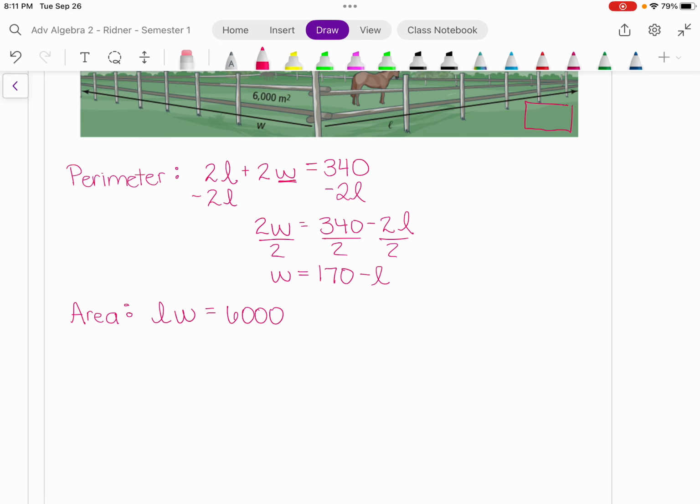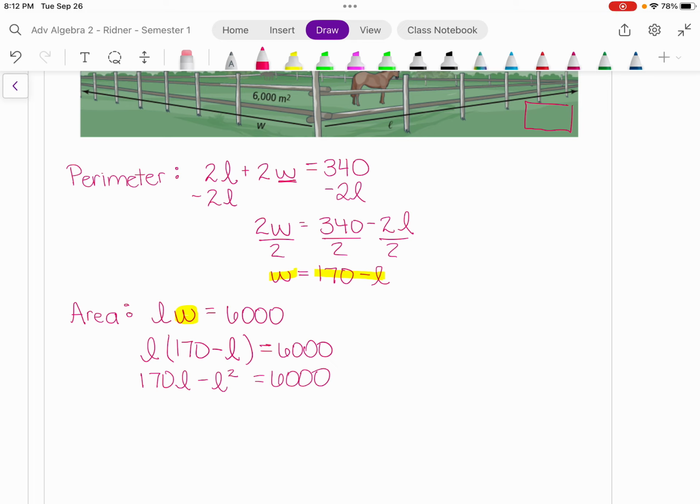So then, if I know that W equals 170 minus L, I can replace W right here with 170 minus L. All right. So then I distribute, and I get 170L minus L squared equals 6,000.